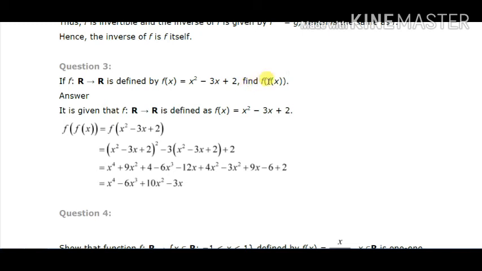This is a very simple question. We have to simply replace the function f(x) here. So f of f(x) becomes f of f(x), substituted from the given function x square minus 3x plus 2. Now we need the image of this element, this expression, under f. So in the given function expression, we have to replace x with this given expression. Wherever x is, you have put this given expression. Now we will open the square and simplify, and you will get the answer.